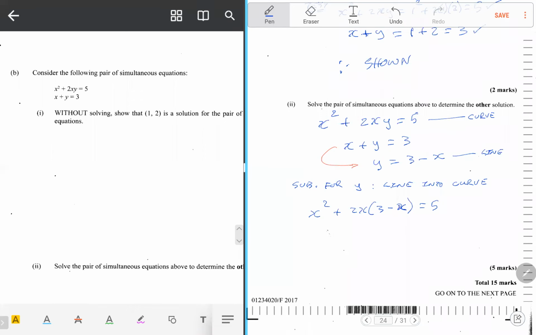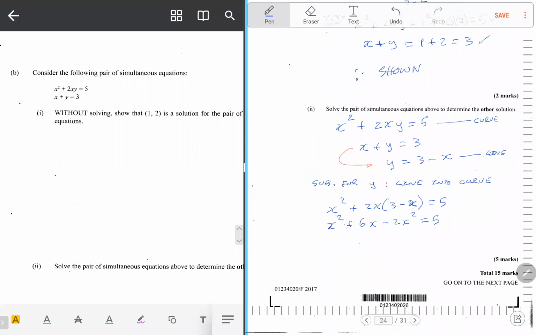So it becomes x squared plus 6x minus 2x squared equals 5. We're going to transpose everything onto one side of the equation. I want the x squared term to be positive, so I'm going to carry everything over this side.